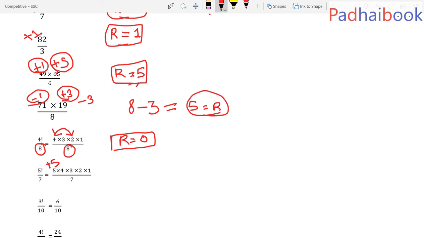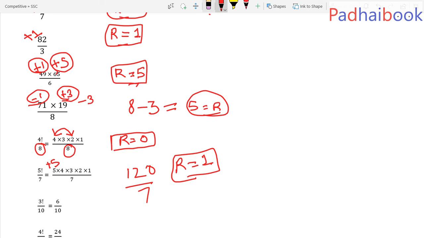So we multiply the numbers: 5 into 4 is 20, 20 times 3 is 60, 60 times 2 is 120. So we divide the number 120 by 7 and check what the remainder will be. I guess the remainder will be 1, because 119 is divisible by 7, if I am not wrong.